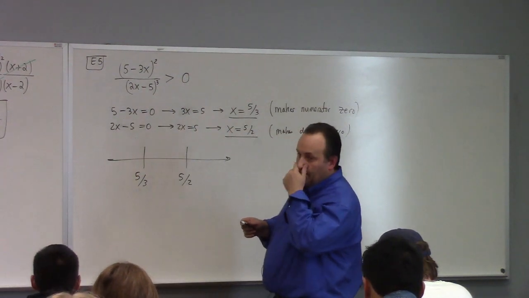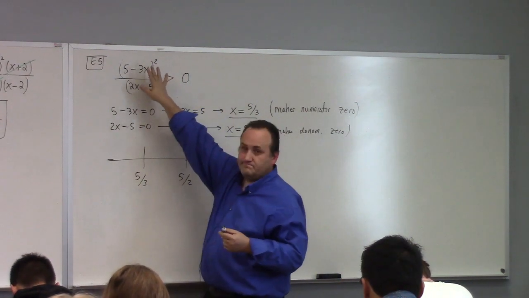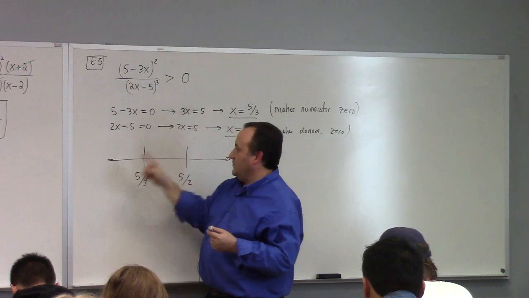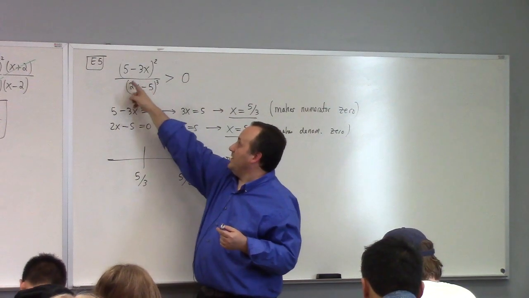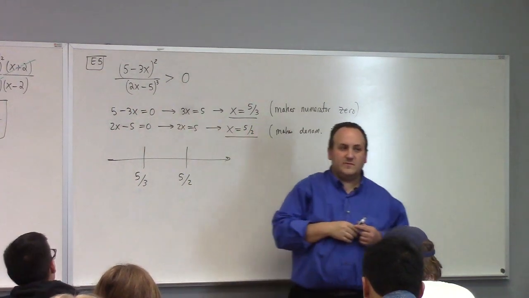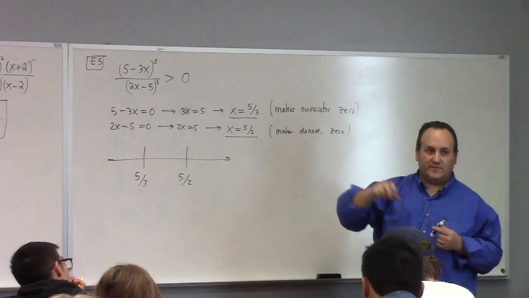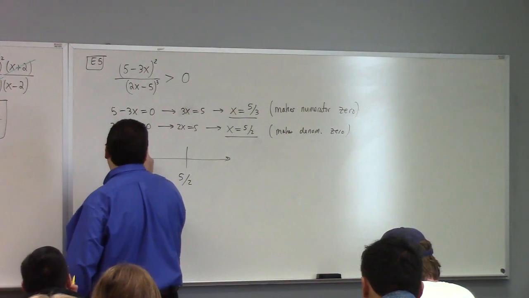If we put in 0, what happens? 0 will be over here, right? Plug in 0, I get 5 squared divided by minus 5 cubed. Minus 5 cubed is negative, so we've got a positive over a negative. That means we're going to have minus here.